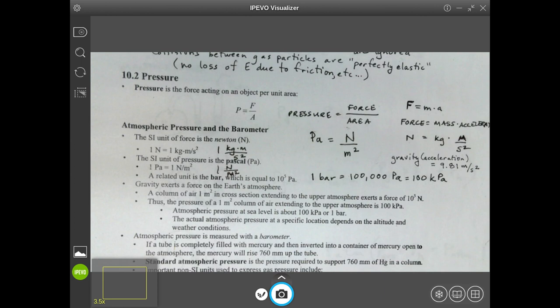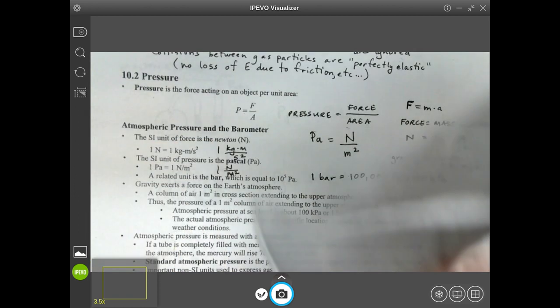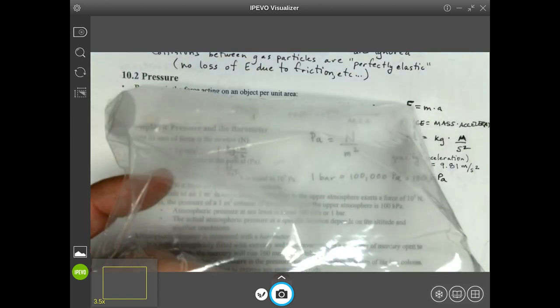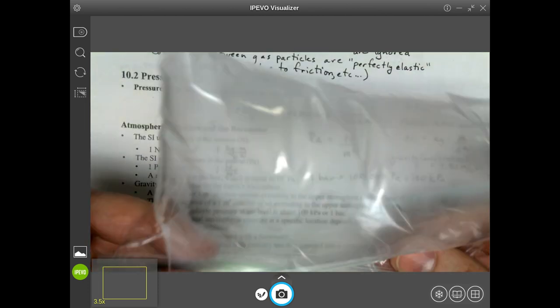Our diaphragm in our body, when it contracts, causes our lungs to expand, like this. When our diaphragm goes back up, that squeezes our lungs.